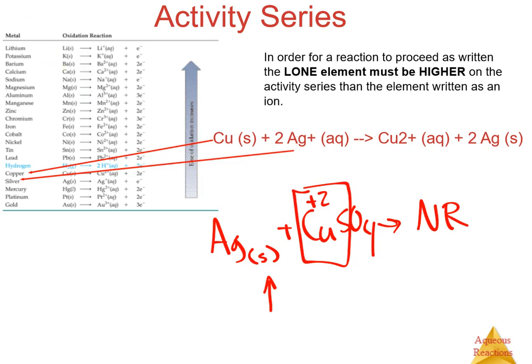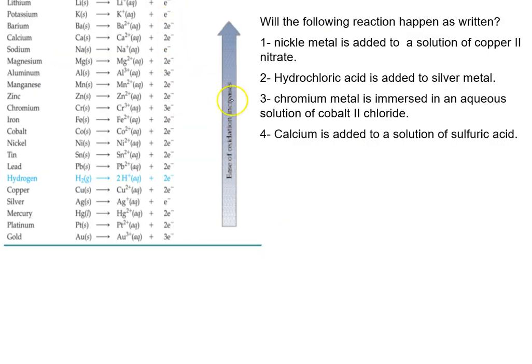Okay, let's work through these examples quickly here. So I would not, on most of these, write out the equation. Identify the thing that is the solid metal, and then the ion. So in number 1, nickel metal. So is that a compound? No, it's just nickel. All right? So that's my lone element.